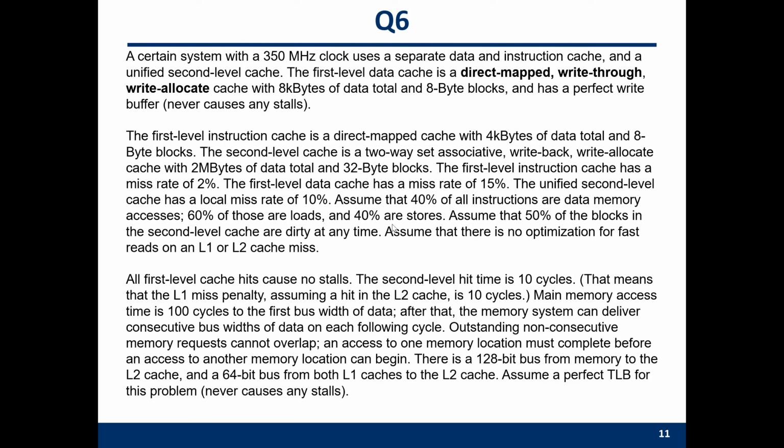Assume that 50% of the blocks in the second level cache are dirty at any time. Assume there is no optimization for the faster read on L1 and L2 misses. So 40% are dirty data.